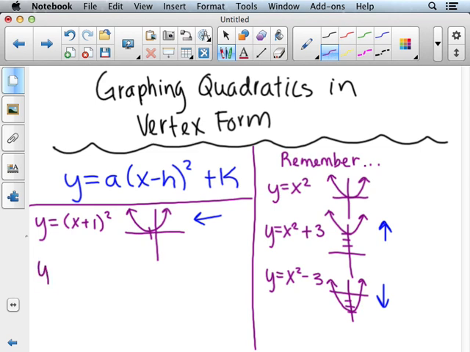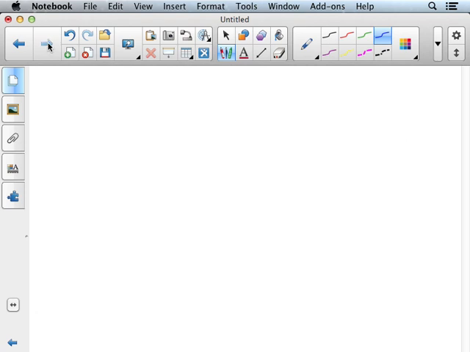If I'm inside the parentheses and I subtract, that actually moves it to the right 1 space. So outside, up and down is what you think. Adding's up, subtracting's down. Inside, it's the opposite. Adding's to the left and subtracting's to the right.